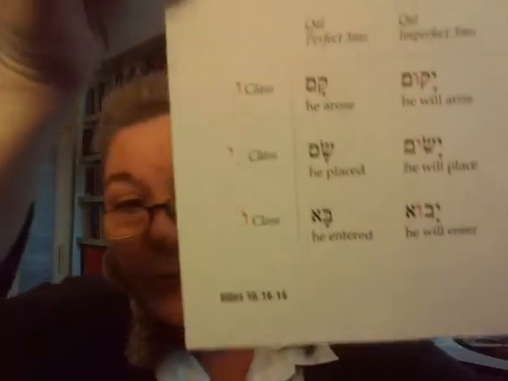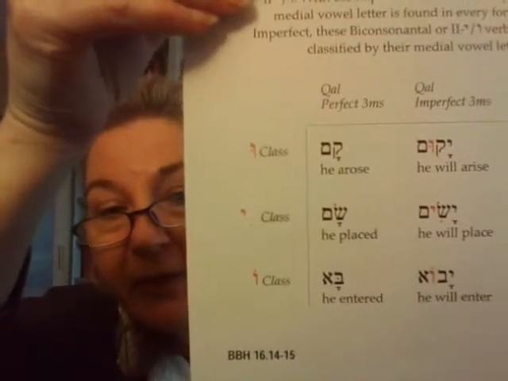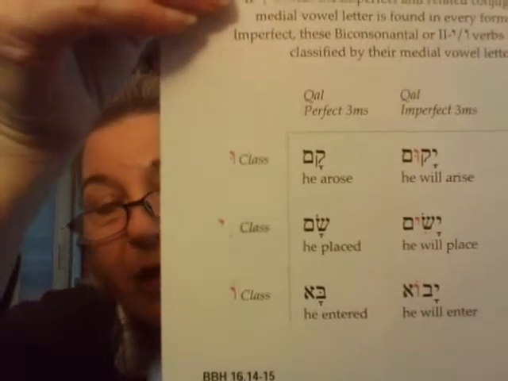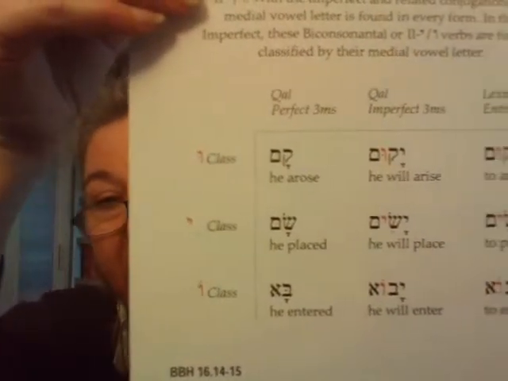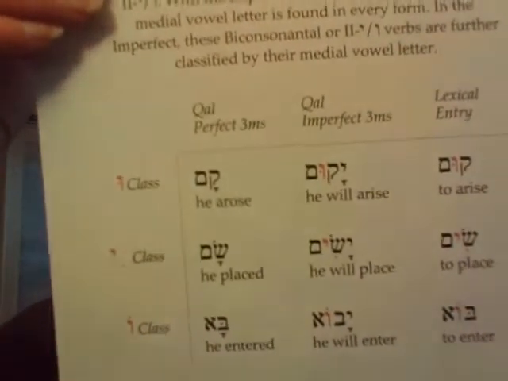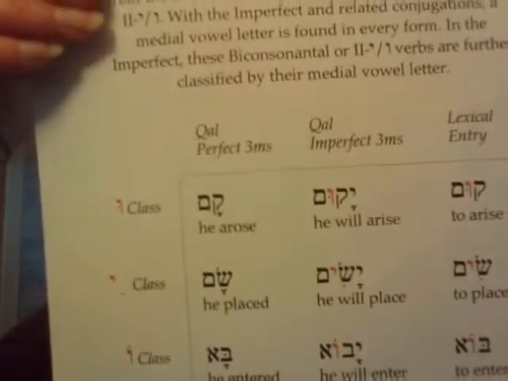So when you have the biconsonantal, there are three classes to consider. There's the qamets waw, the hireq yod, and the holem waw. You can see the paradigms for this, and it's also the same paradigm found on page 183 of your book.